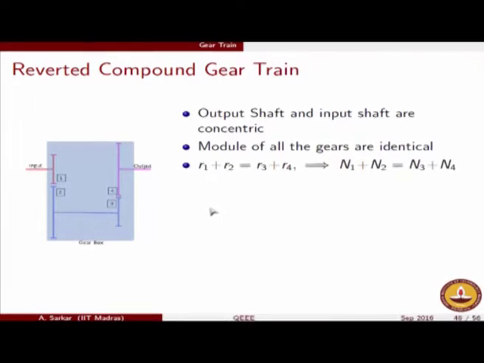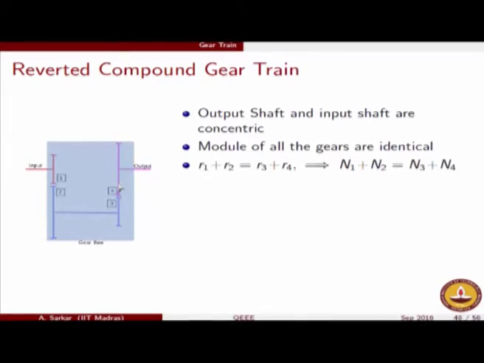If the modules are identical, this is how the analysis is simplified. We know that the radius of this red gear plus the radius of the blue gear, shown as 2, so R1 plus R2 must be equal to R3 plus R4.